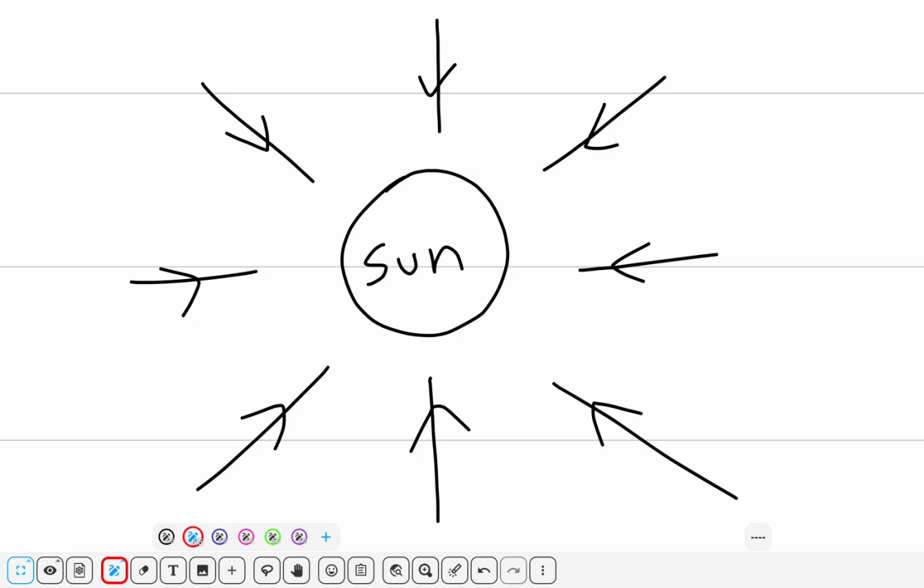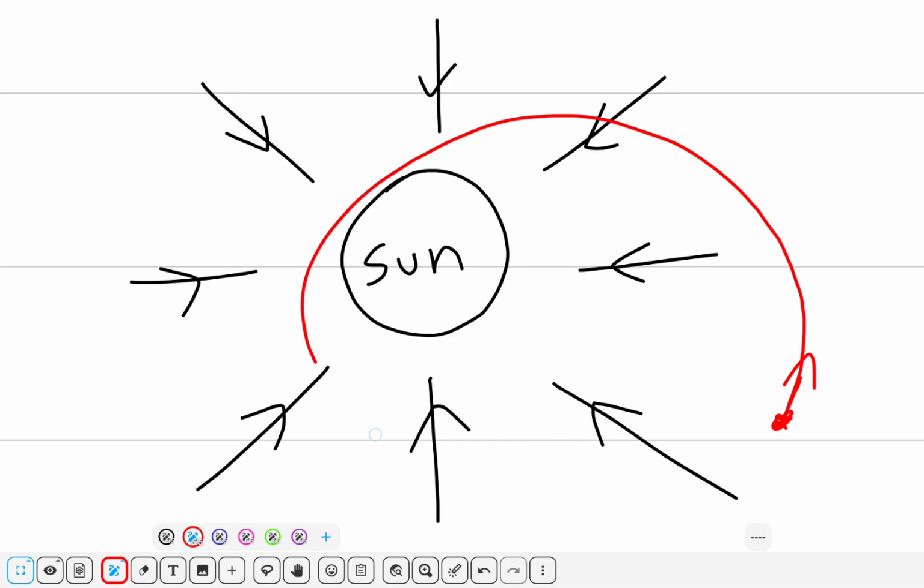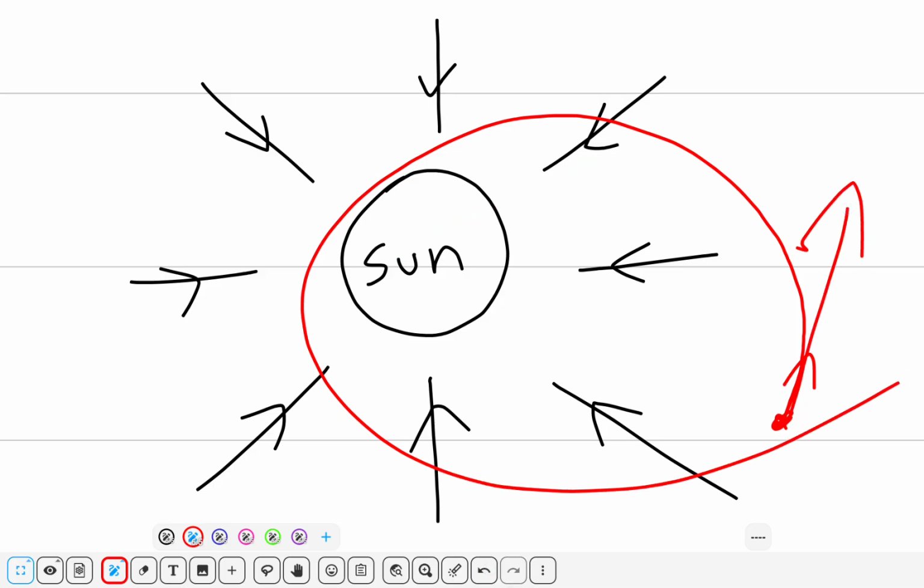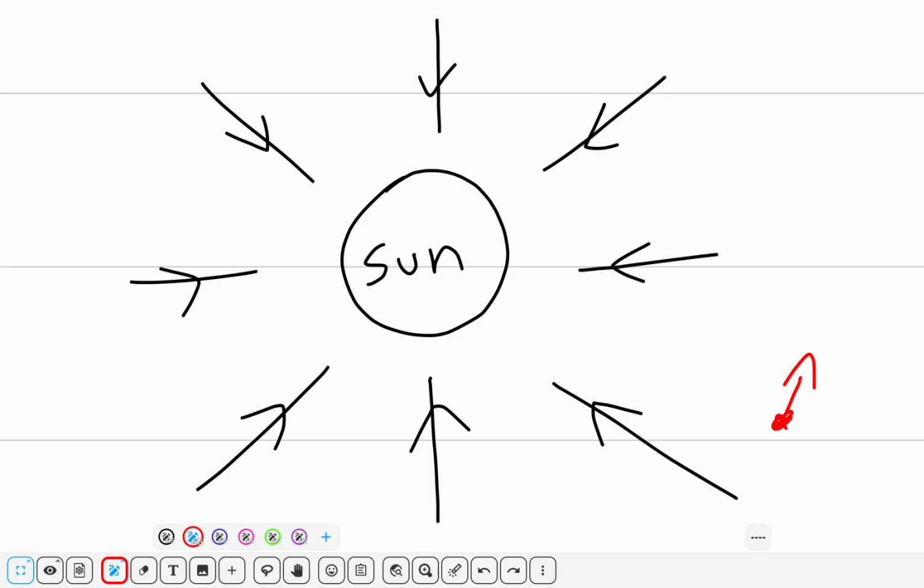Now, if I just place some particle with some mass there, it will directly sink into the sun. Or if I give it a little push in this direction, it may rotate around like this, or just go back in. It depends on how fast I do it. So there are possibilities.